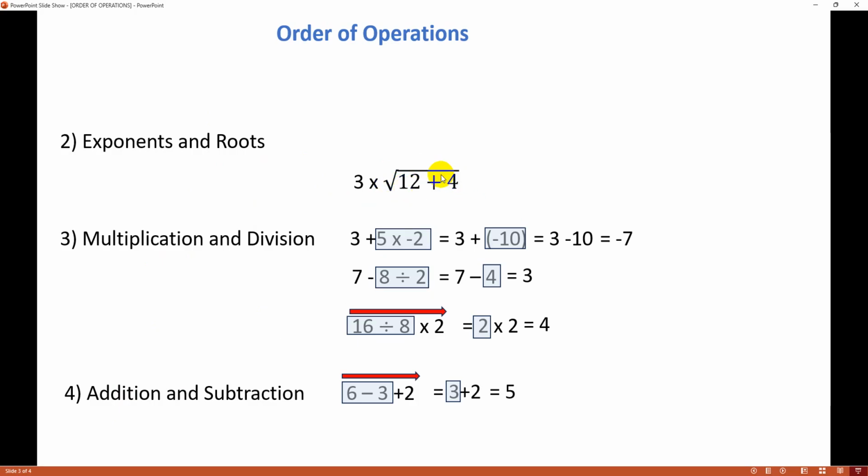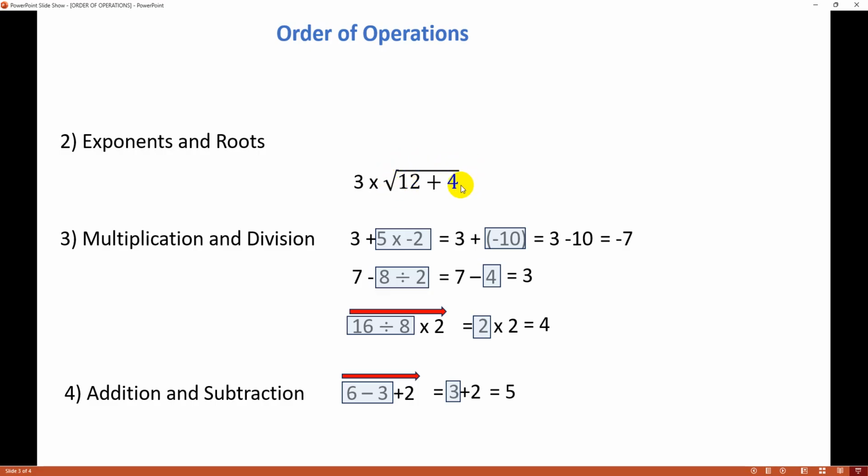So every time you have something inside a radical symbol, right, this is called the radicand, you have to have only one number in the radicand. You cannot have a combination of numbers, okay? So you have to generate only one number before you can proceed to do the square root. So in this case, we have to do this addition before the square root.